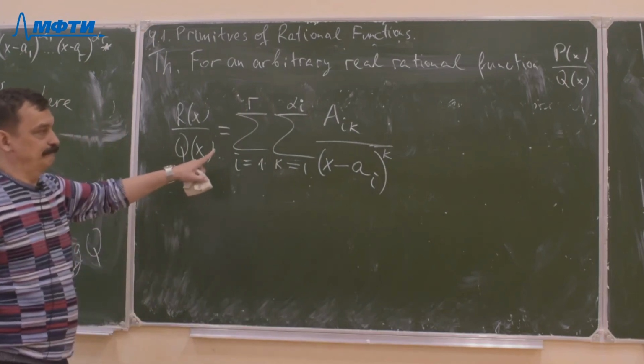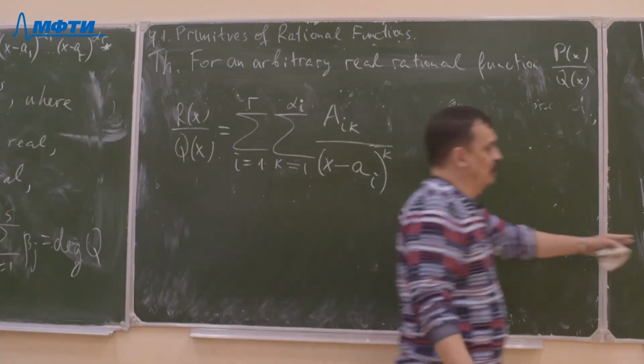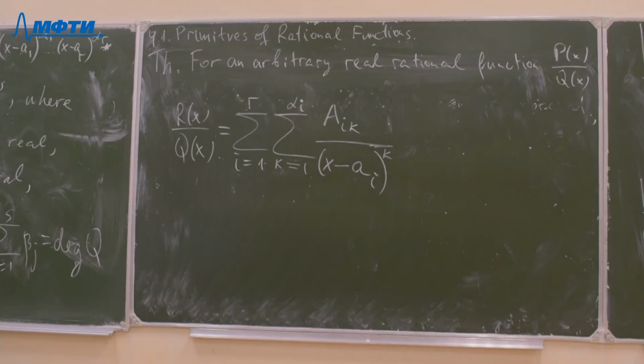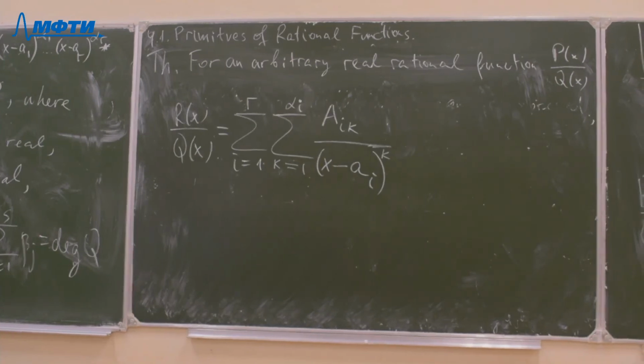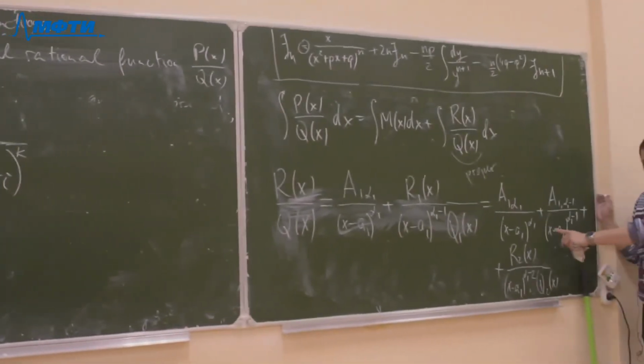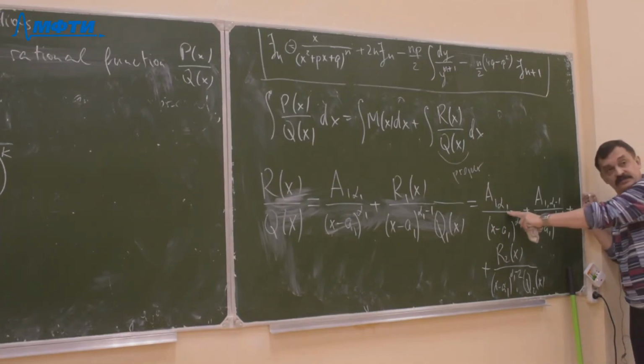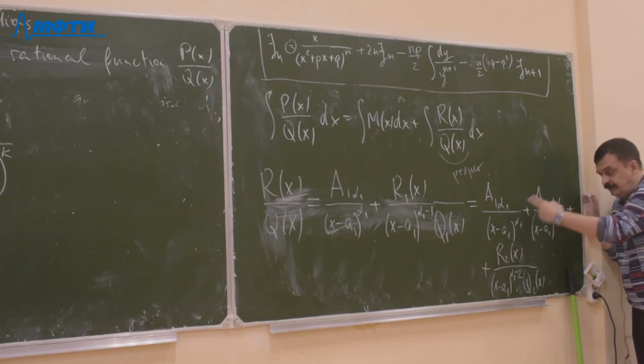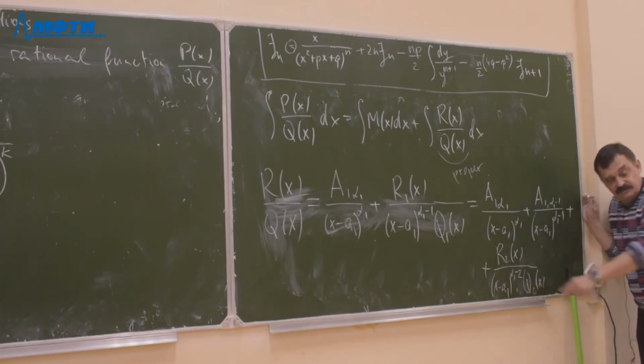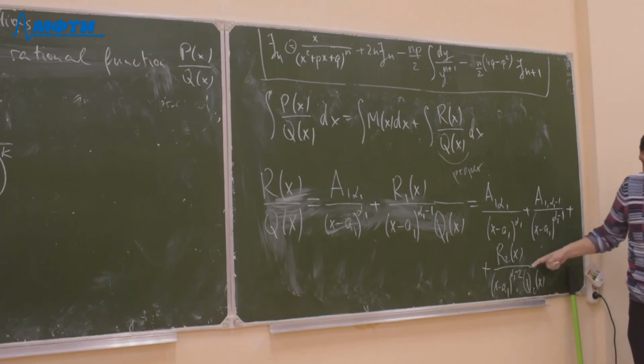Look, so you see, I demonstrated what is going on for one real zero, right? For one real zero, you apply it several times, and every time the degree of the denominator will be smaller and smaller, right?